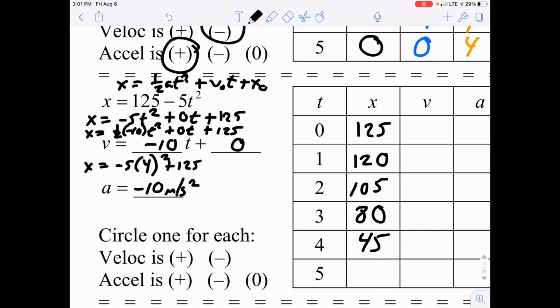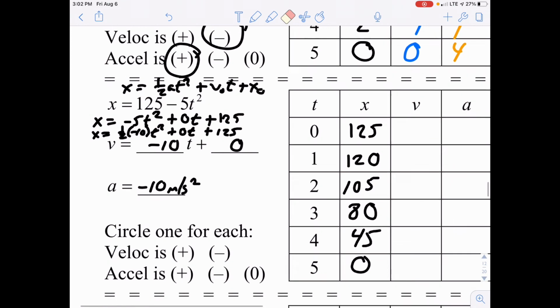And then if I put 5 in there, well, 5 squared is 25 times negative 5 is negative 125. So negative 125 plus 125 adds up to 0. So that's what's going on with that data there.